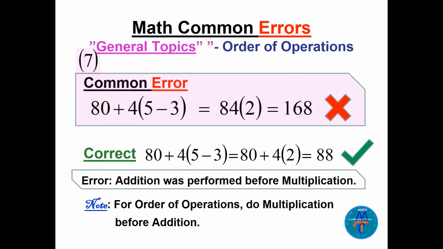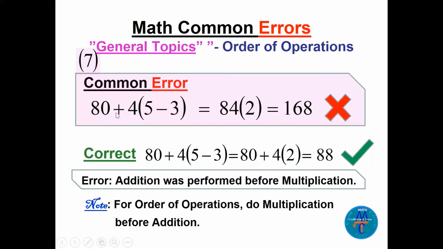The correct answer will be 80 plus, leave the 4, 5 minus 3, we know it is 2. 2 times 4, you see here, is 8. 80 plus 8 is 88. That's the correct answer, not 168. So what was the error here? Addition was performed before multiplication. You see addition here, 80 plus 4.